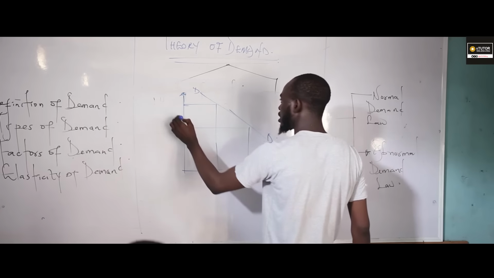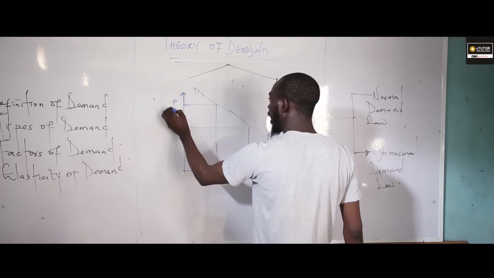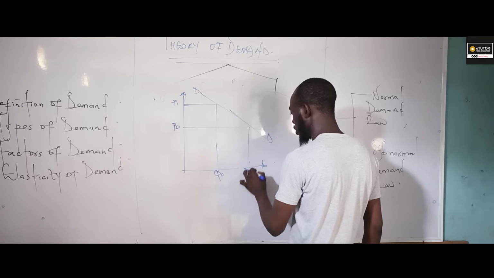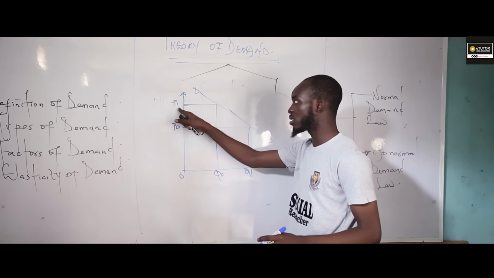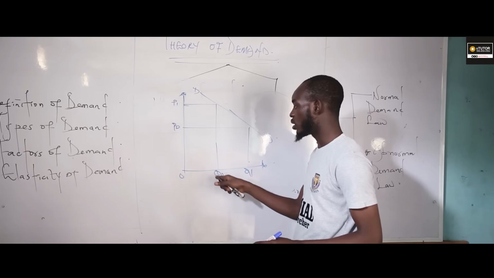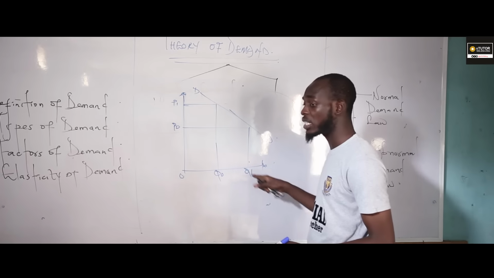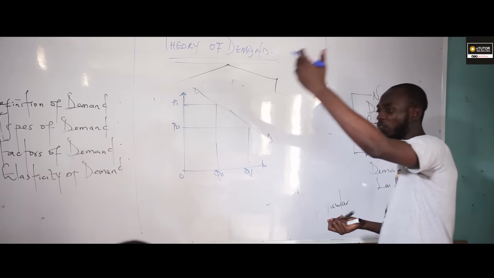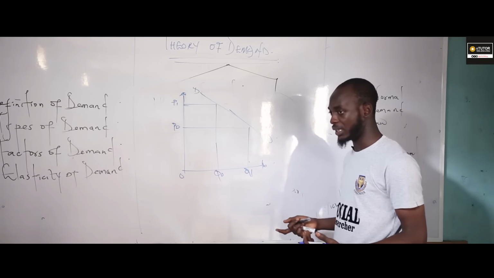Now, if you look at this curve, it looks like it is negative sloping actually. We have P, P1, P0. We have Q0, Q1. All things being equal, if there is an increase in the price of a commodity, there will be a decrease in quantity demanded. So this is simply explaining the normal demand law, which states that the higher the price of a commodity, the lower the quantity that will be demanded.